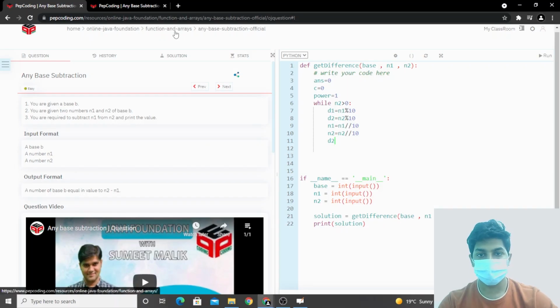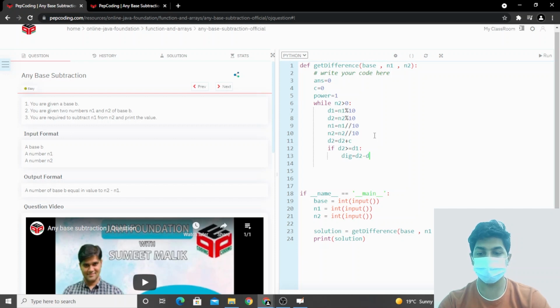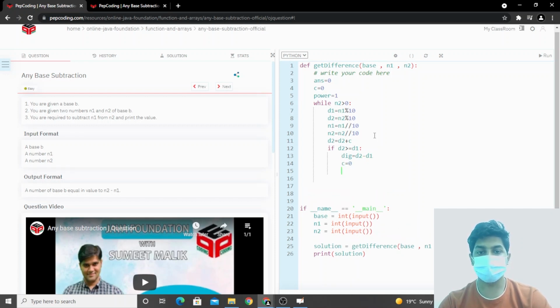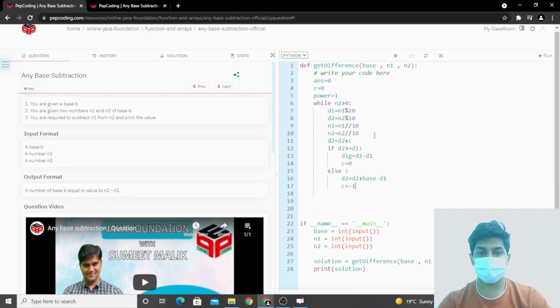So digit 2 equals digit 2 plus carry, and now we check if digit 2 is greater than or equal to digit 1, then digit is equal to digit 2 minus digit 1 and carry will be 0, else digit is equal to digit 2 plus base minus digit 1 and carry will be minus 1.